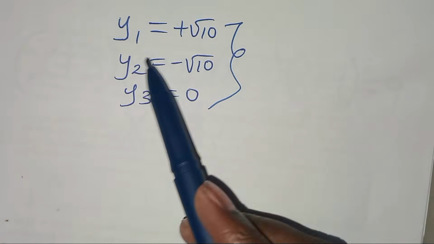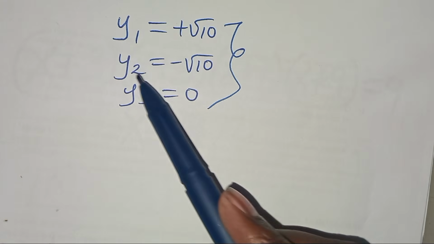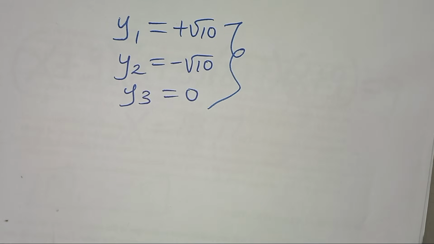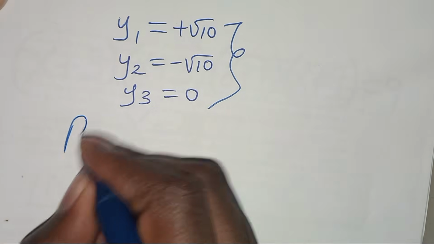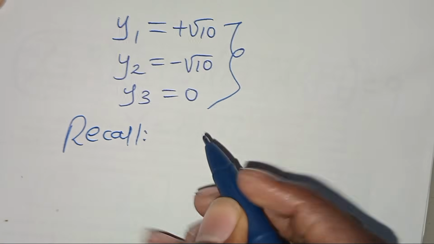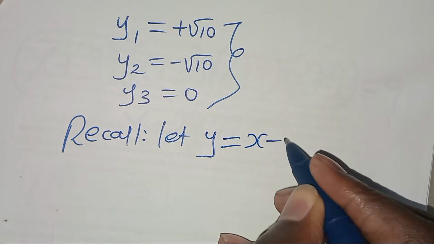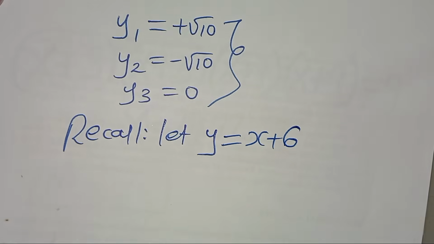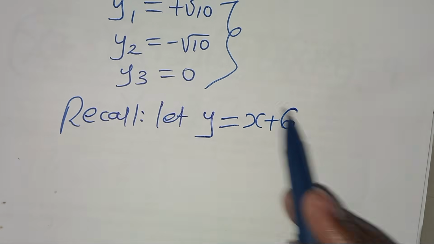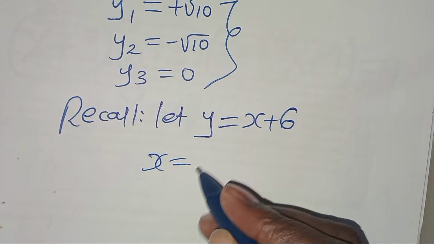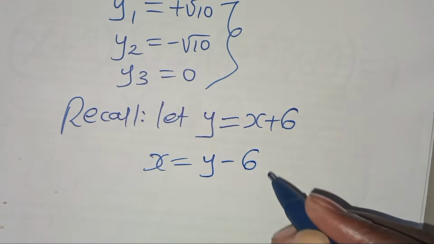We have y1 is equal to square root of 10, y2 is equal to negative square root of 10, and y3 is equal to 0. So the question is, what are the values of x? Now, if you recall, we said that let y be equal to x plus 6. Okay? So from this part, you can express x as y subtract 6.